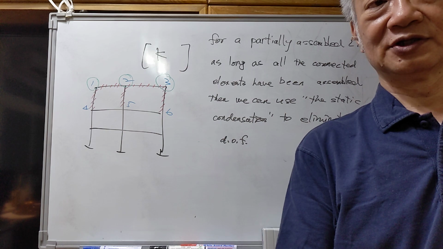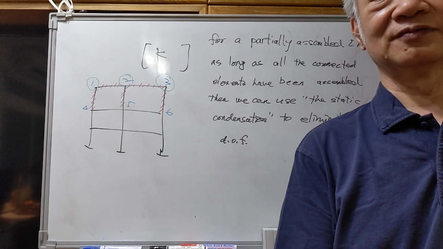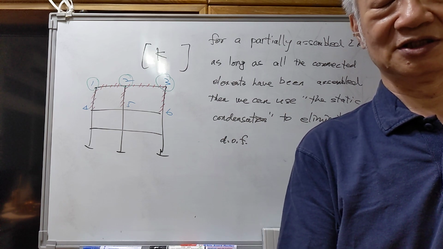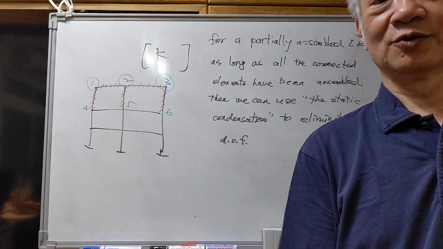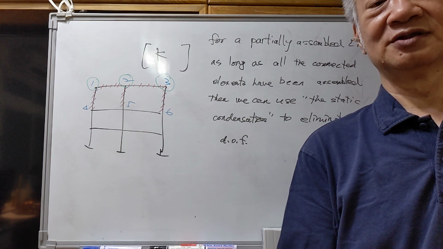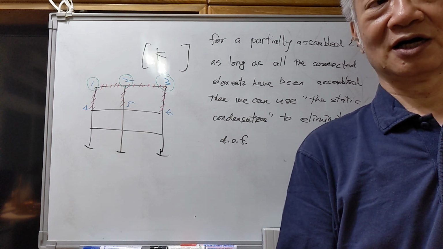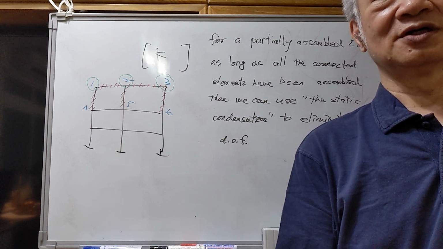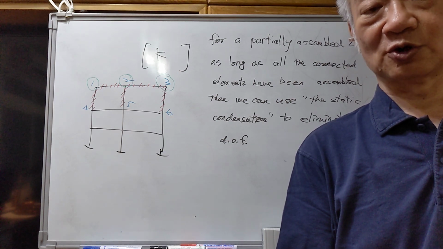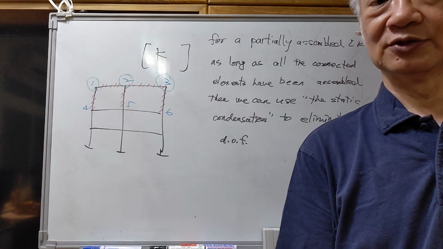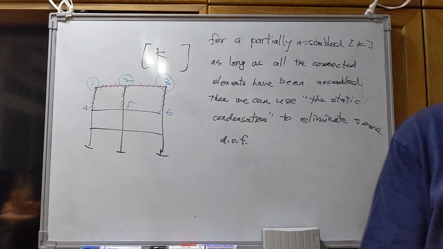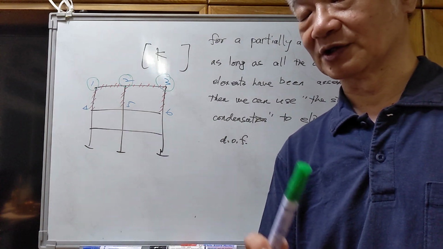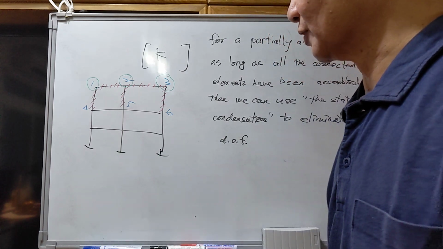Also remember, the eliminated degrees of freedom doesn't mean that we can just throw them away. Actually, they are still unknowns, and we need to solve for them later. It doesn't mean that we can forget about them and not solve them.